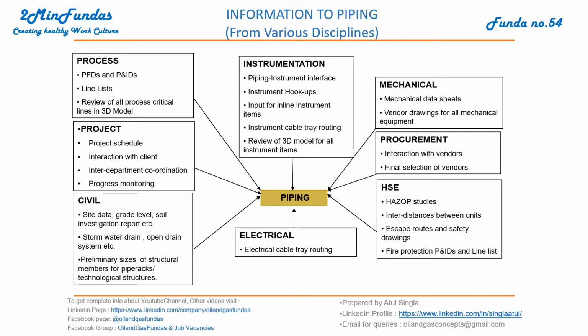And from instrumentation: piping instrument interface, instrument hookup input for instrument items, instrument cable tray routing, review of the 3D model for all instrument items. So all these disciplines provide their inputs to piping so that piping starts working towards their own deliverables.